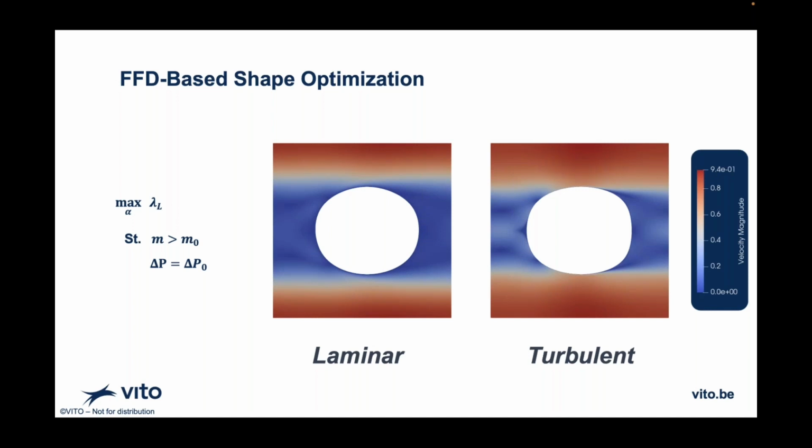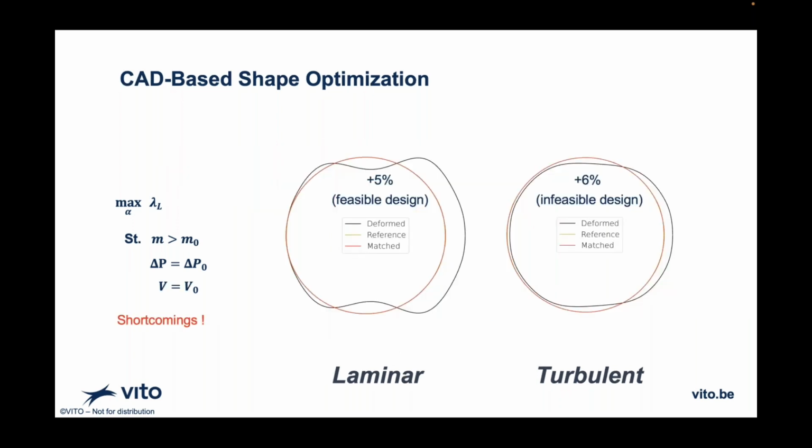And what I found out later is that perhaps the free-form deformation box is a better option in this particular test case, and that's primarily because, if you have seen Prahash's presentation, in the CAD-based parameterization we have just one or two parameters that control the variation in the X direction.